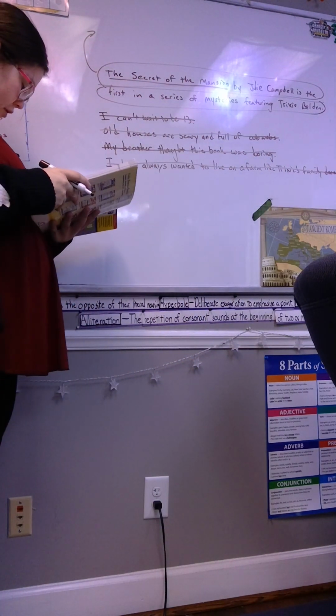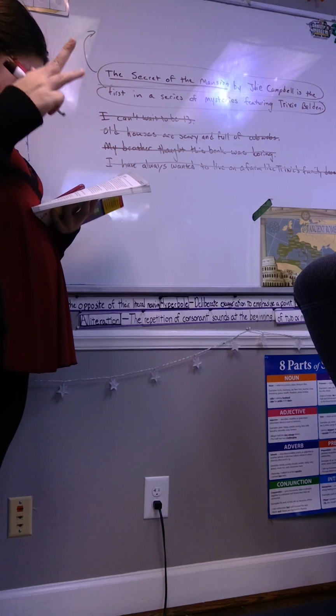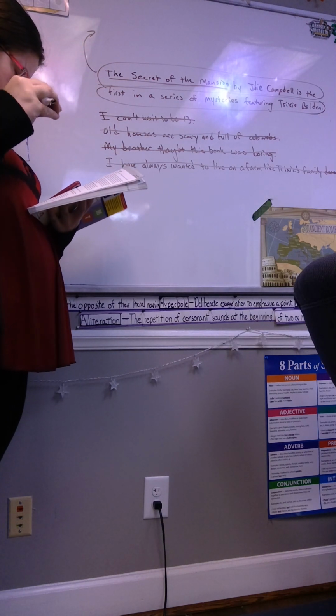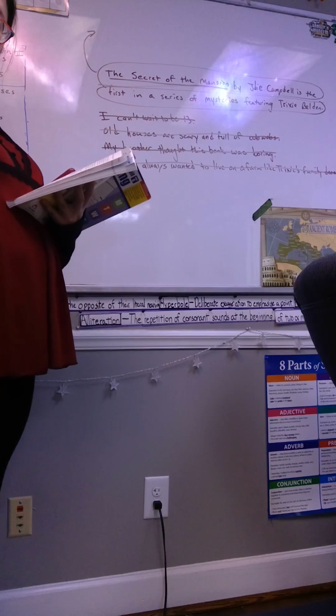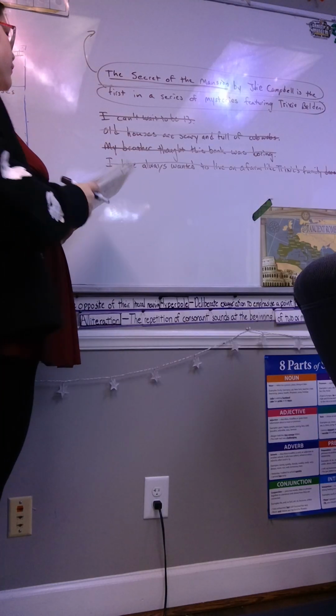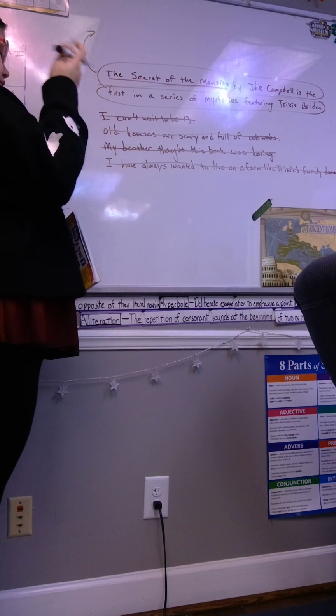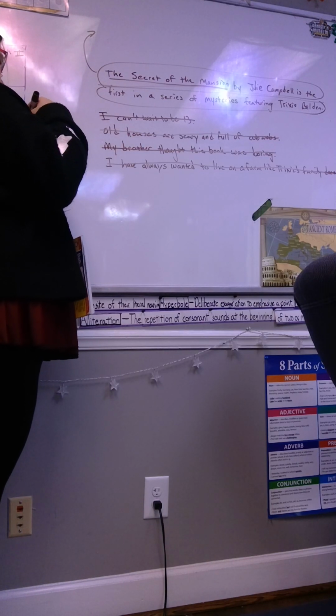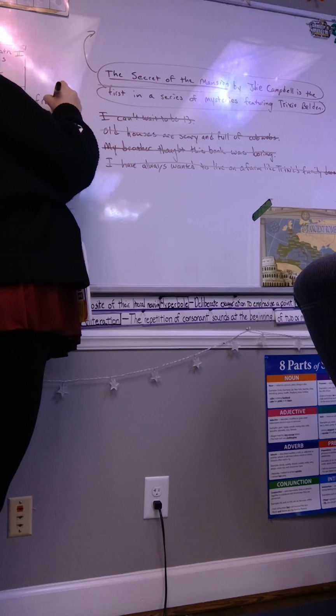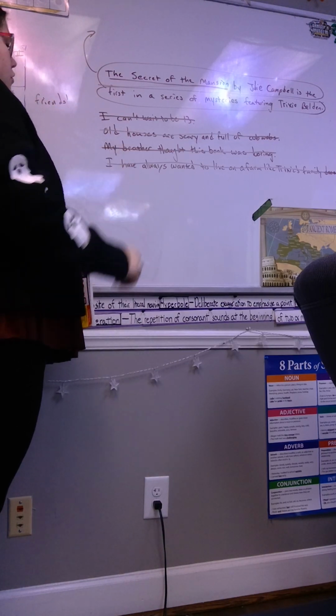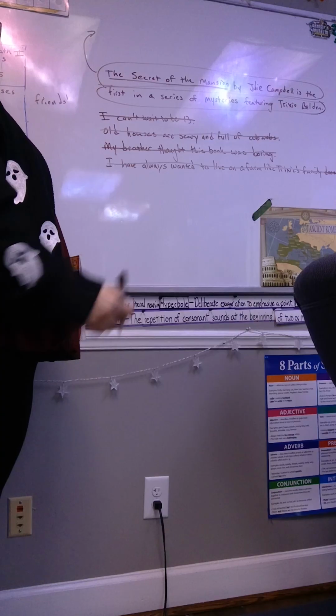Okay, so at the bottom of the page, you should be able to find 3 possessive nouns in the book report and use them to complete the sentences. So remember, possessive nouns are the noun with the apostrophe S, or S apostrophe if it's plural. So, for example, my friend's house.